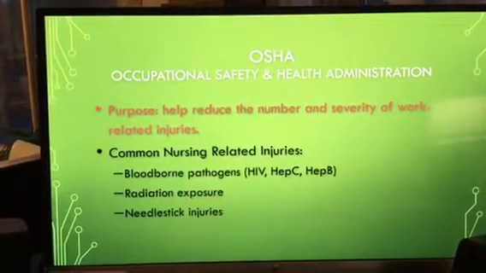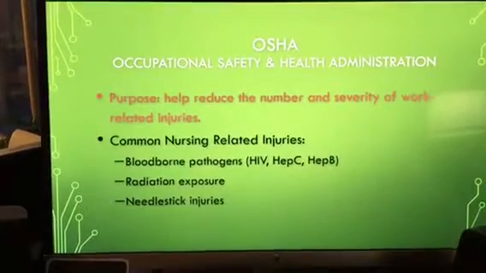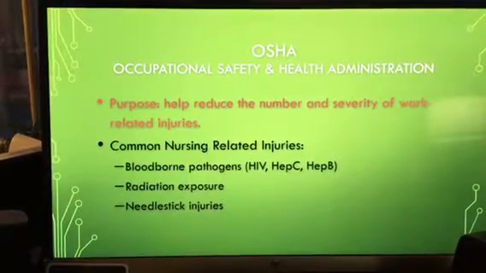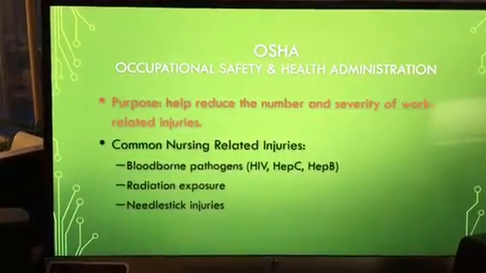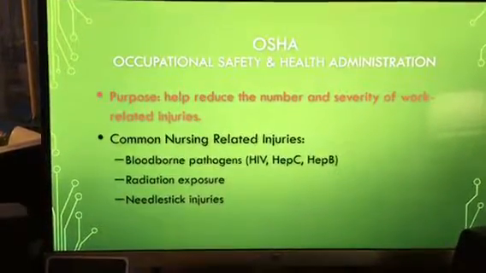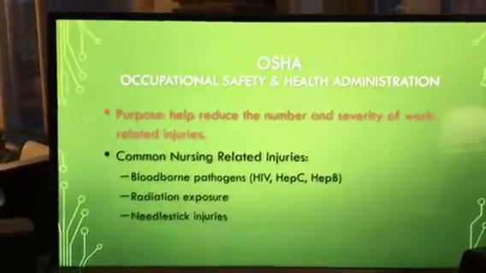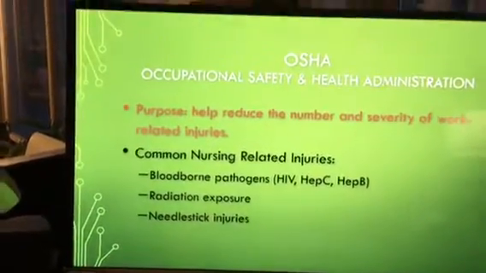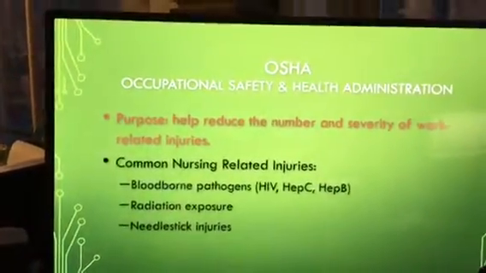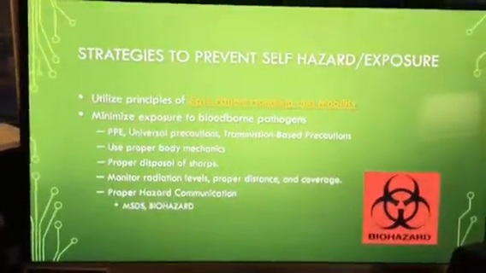Other good examples: it's not every job that puts you within enough distance to have exposure to radioactive waves. So very specific training is provided for radiation exposure. And then also just the proper handling of equipment. A good example of that would be handling needles or any sharps instruments that might come from the OR.